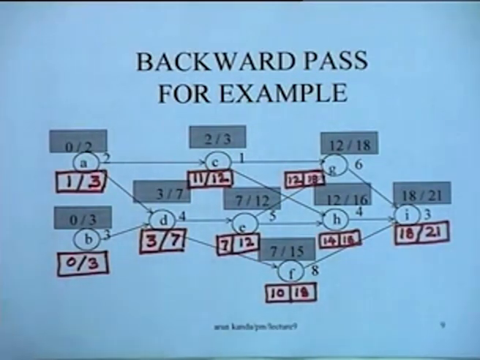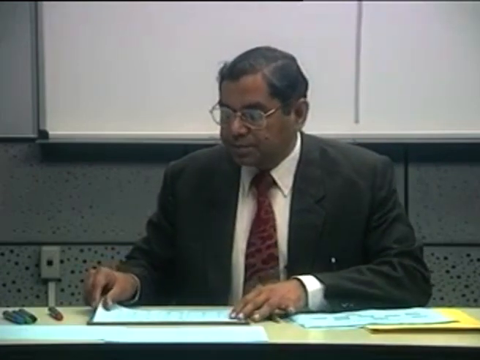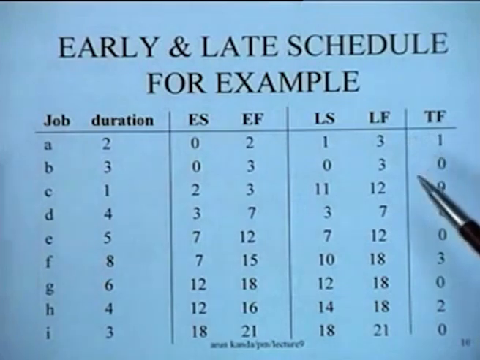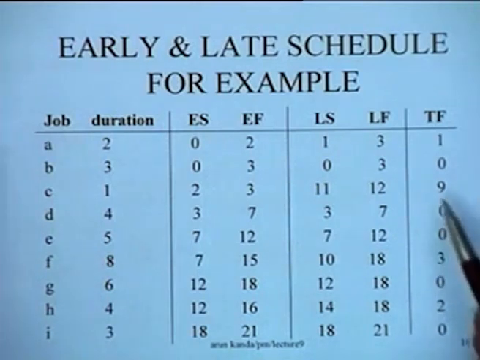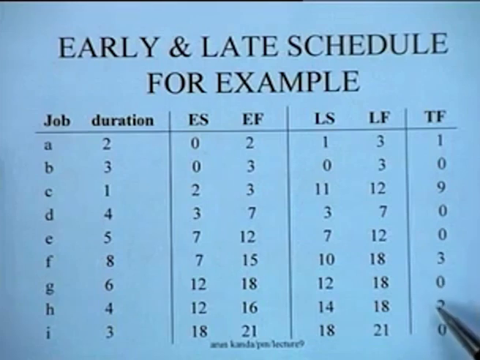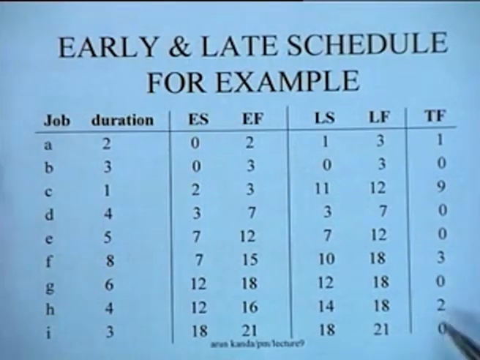So from these computations we can actually make a table of floats, and we find out that for this particular example, activity A has a float of 1, activity C has a total float of 9, F has a total float of 3, and H has a total float of 2. The other activities are in fact critical.